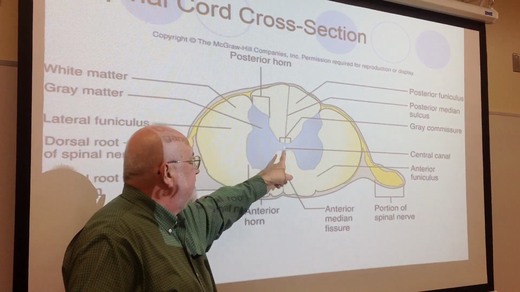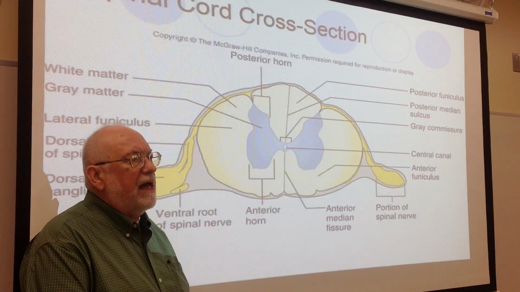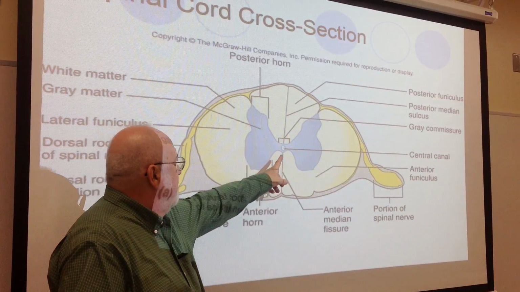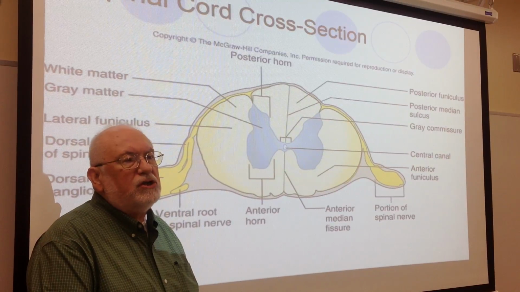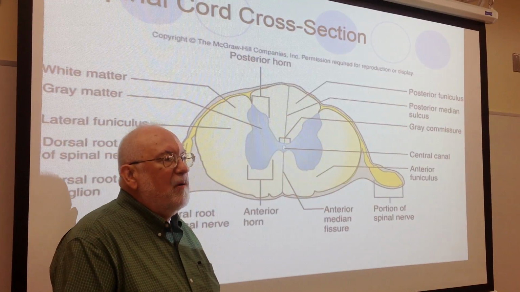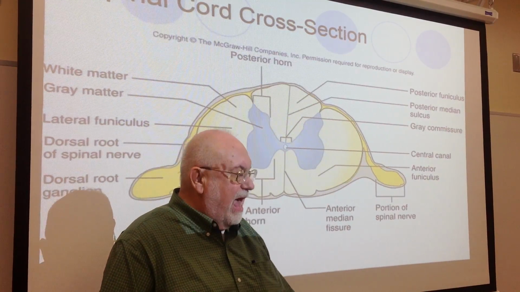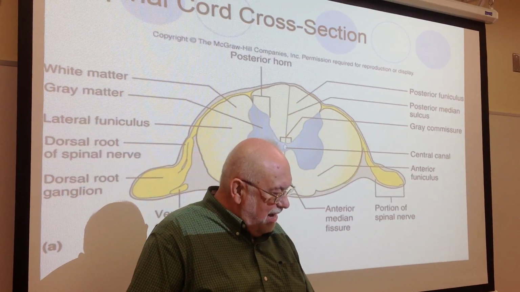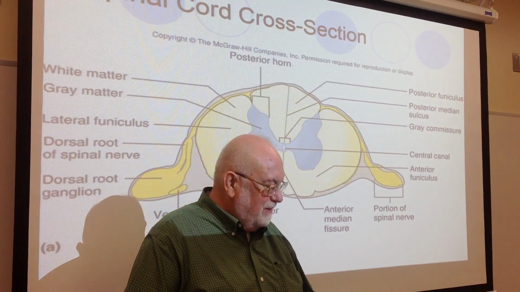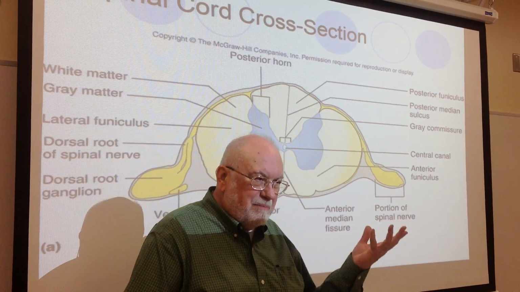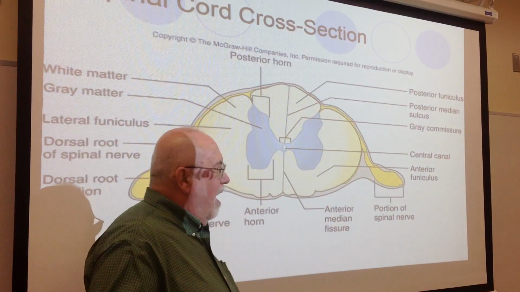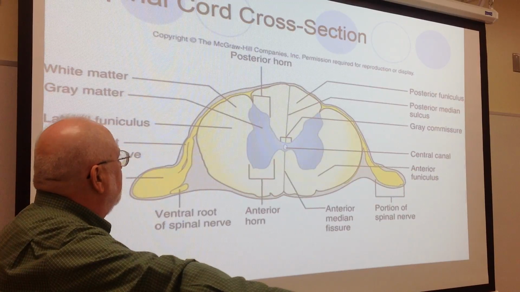That, in essence, is the connection between the right and left halves. And in the middle of the gray commissure is the central canal. And as we mentioned last time, what do you find in that central canal in life but cerebrospinal fluid? Right? Simple. Okay, very good.